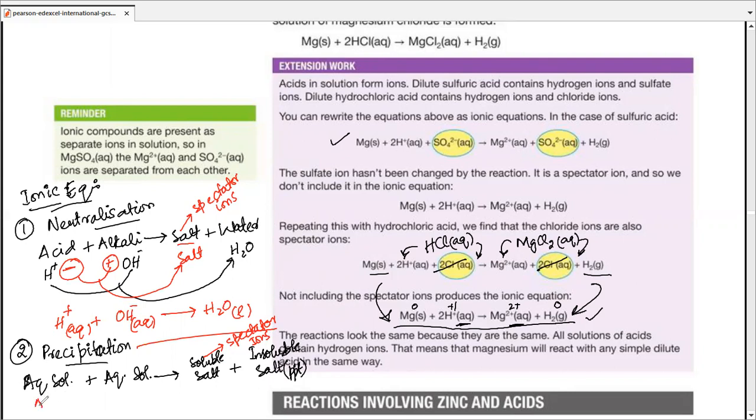Let's say we combined AgNO3 with NaCl, and both are aqueous solutions, soluble in water. It gives us NaNO3, which is aqueous, soluble in water, and which we're going to cut out from the equation. We're only going to consider AgCl, which is a solid and does not dissolve in water, a white precipitate.